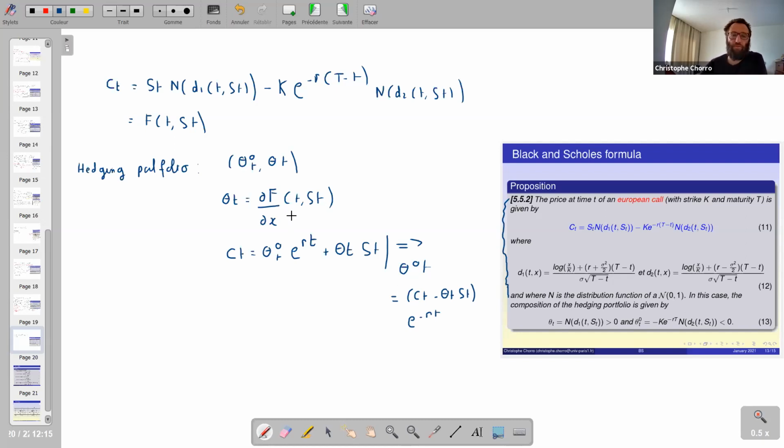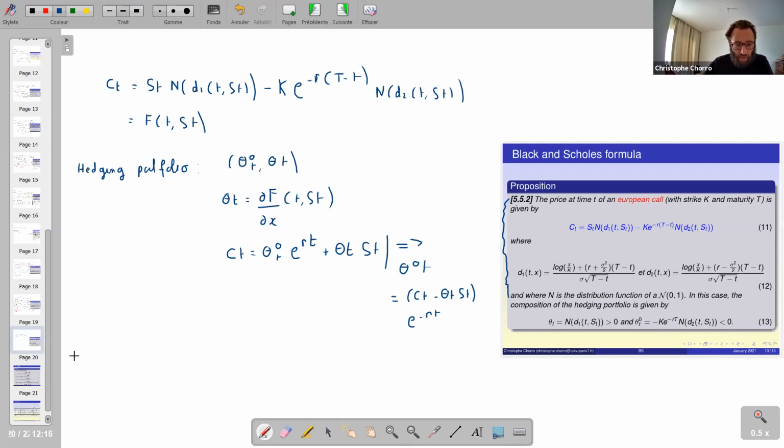So if I want to obtain theta t, and so as a byproduct theta 0 t, I have to compute the derivative of f with respect to x. So let's do the job.